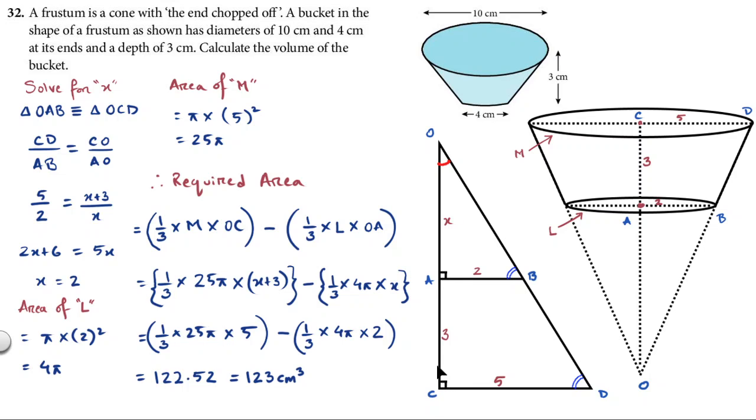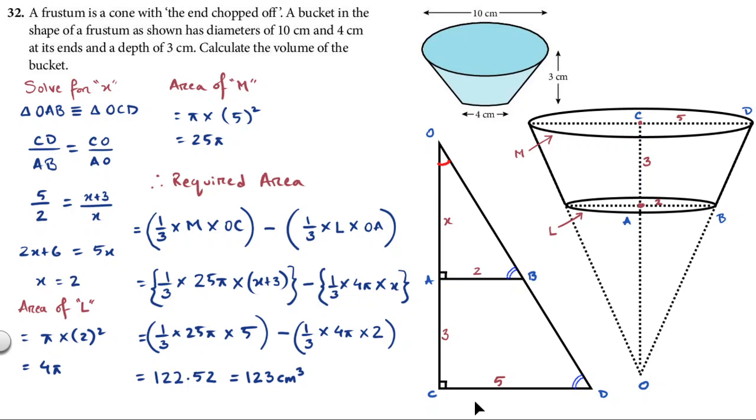Since this is height, that means this becomes 90 degree, and that leaves us with this angle for both the triangles. It has to be equal. If these two are equal for both the triangles, then this has to be equal as well. Okay, so that means we can use the similar triangle method to find the length of OA, which is X.